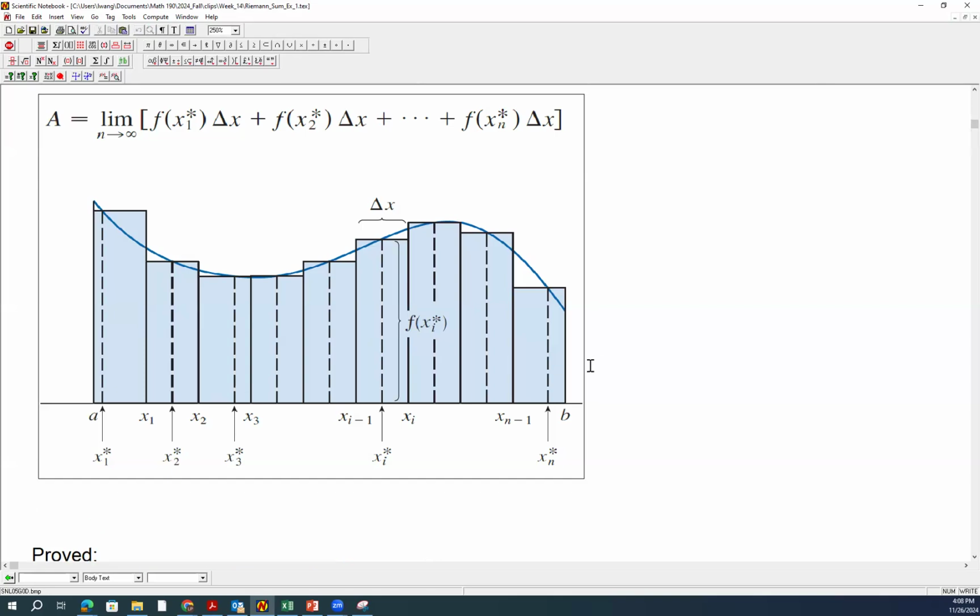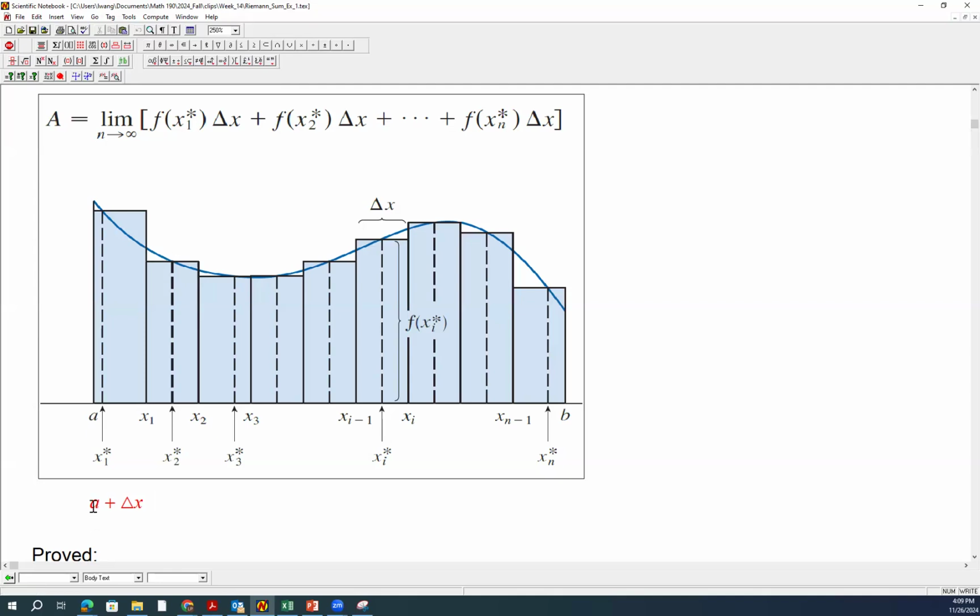So let me write it down underneath. Here, from this interval, you can see a plus delta x. For best results, I recommend you write along with me.